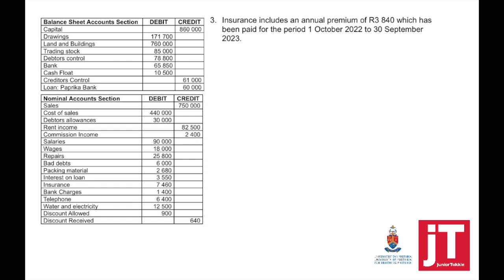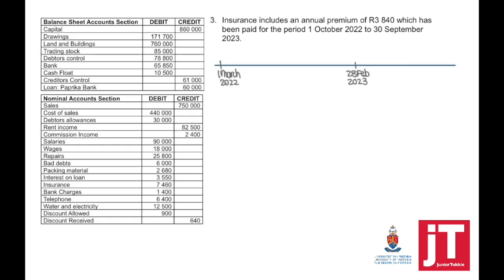Adjustment number 3. Insurance includes an annual premium of 3,840, which has been paid for the period 1 October 2022 to 30 September 2023. So if you see the word annual premium, annual means 12 months. And then if we also look, October till September is equivalent to 12 months. So what is the problem here?